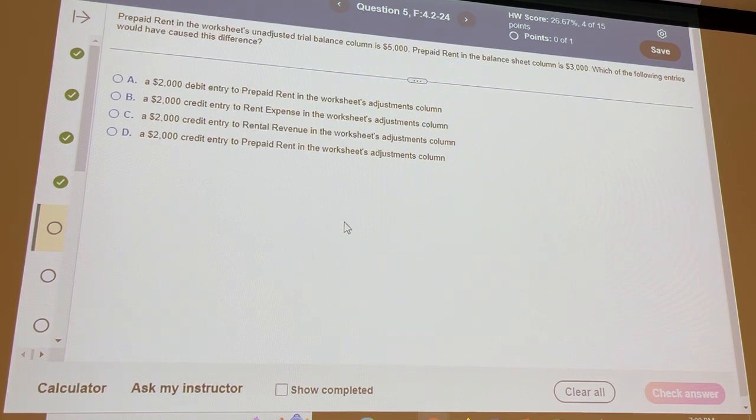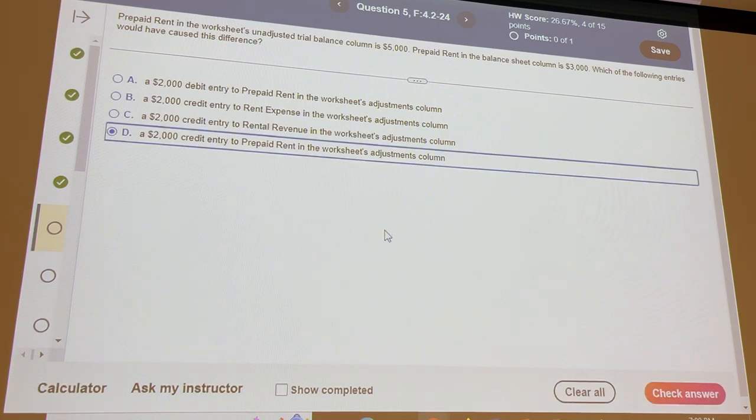D. Yeah, I think that's right. So I think in the adjustments column, it would have been a $2,000 debit entry to rent expense and a $2,000 credit entry to prepaid rent.